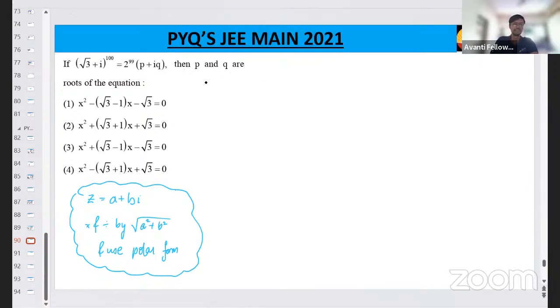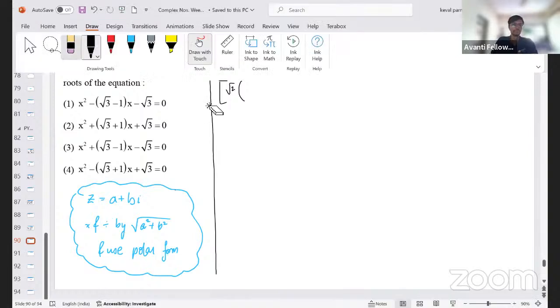So here also, if you see, root 3 plus i. So if we multiply and divide by under root of a square plus b square, what will be the value in this case? Sorry, it will be 2, not root 2. 4 will come, right?